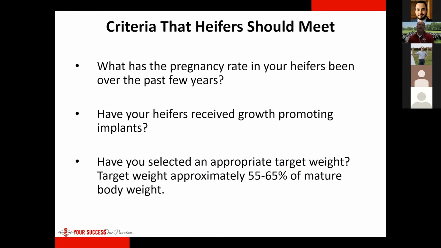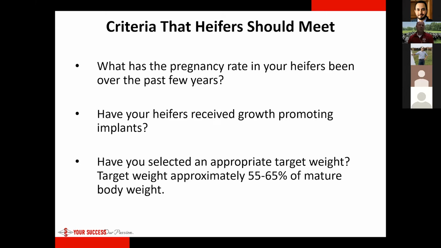So when we look at some of the criteria, and this has been touched on a little bit through some of the presentations tonight, some of the criteria you want to consider your heifers as good candidates. Dr. Thomas mentioned this a little too, looking at the pregnancy rate of your heifers the last couple of years.